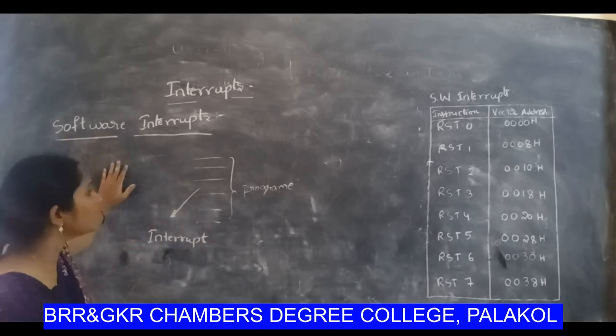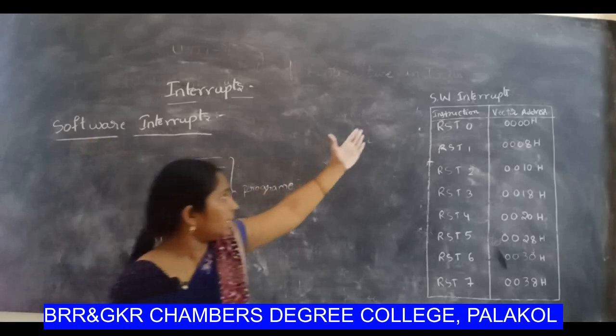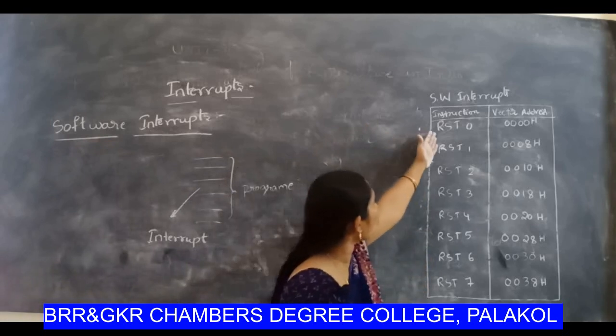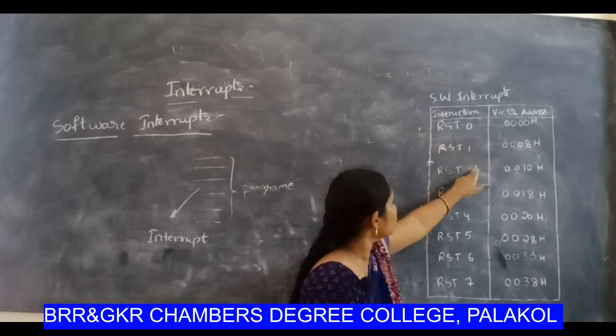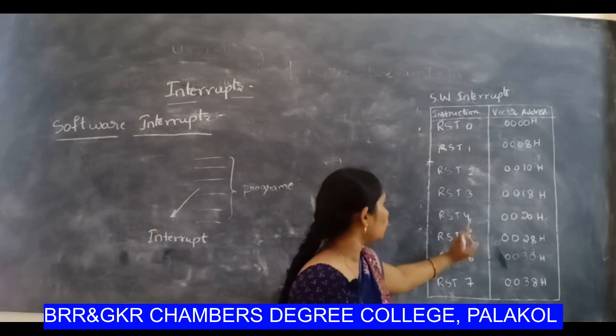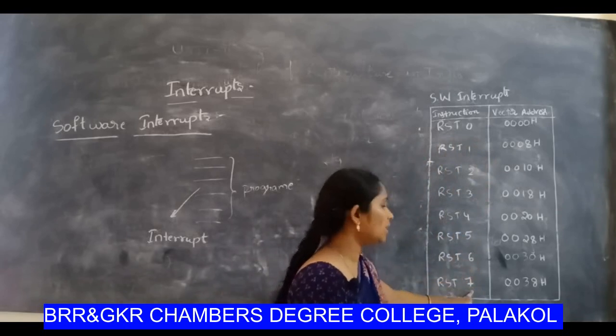Okay, so the 8085 microprocessor has 8 software interrupts. Those software interrupts are RST0, RST1, RST2, RST3, RST4, RST5, RST6 and RST7.